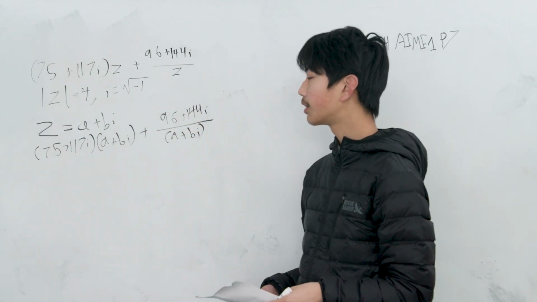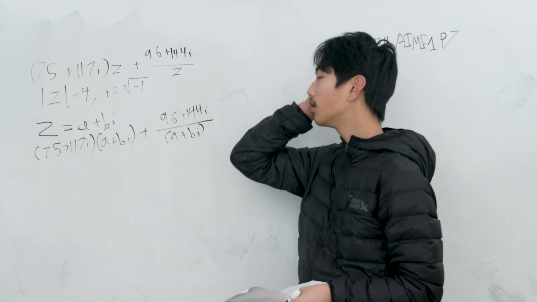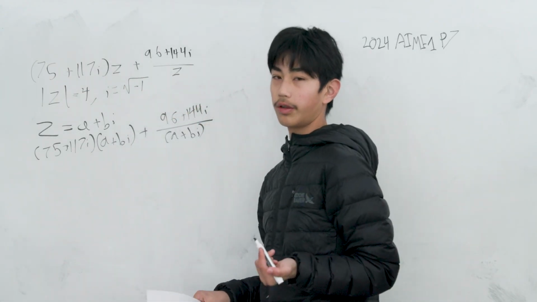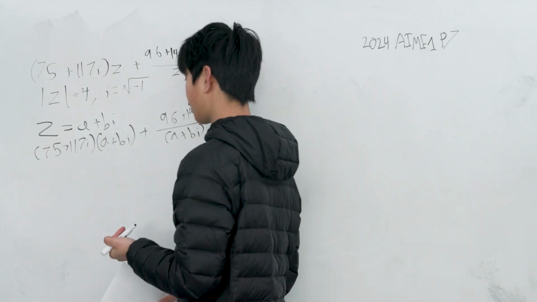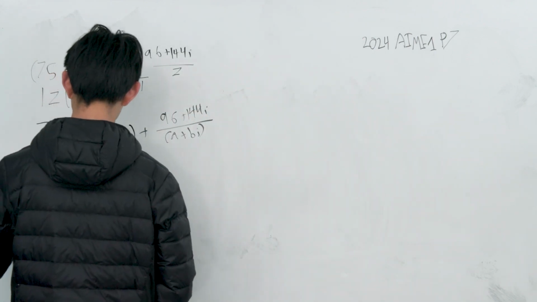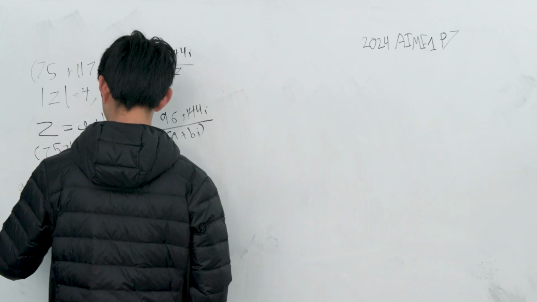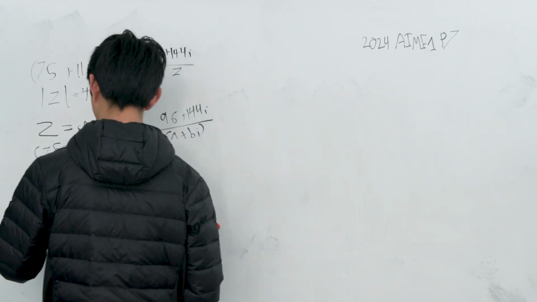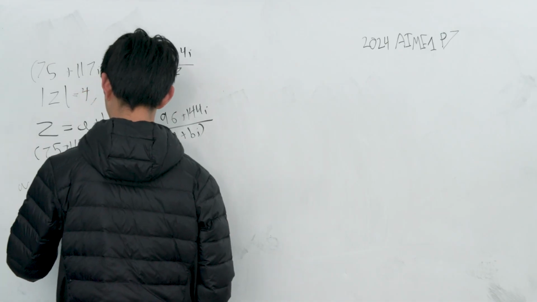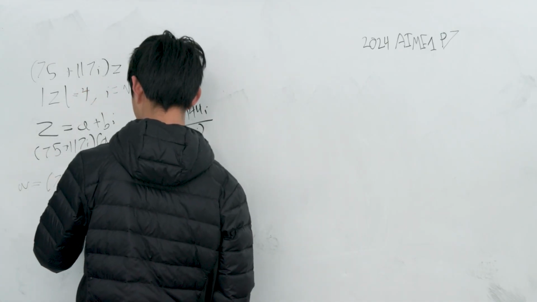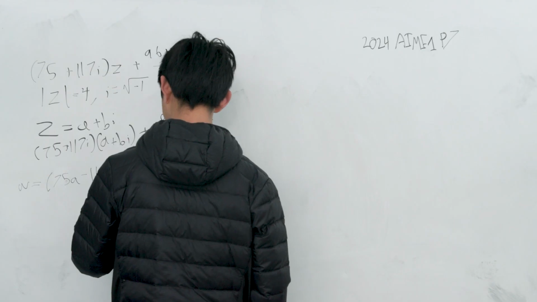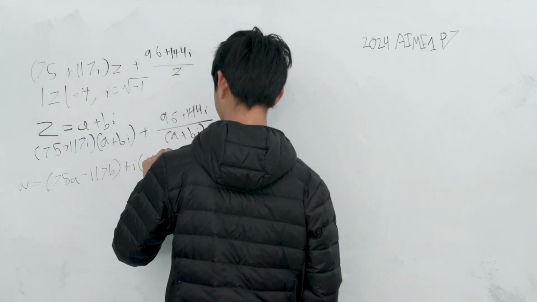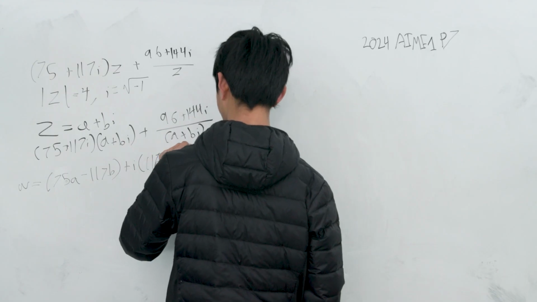We can manipulate this side, and we can call this very complex number w, just to make things simpler. w is equal to (75a - 117b) plus i times (117a + 75b).